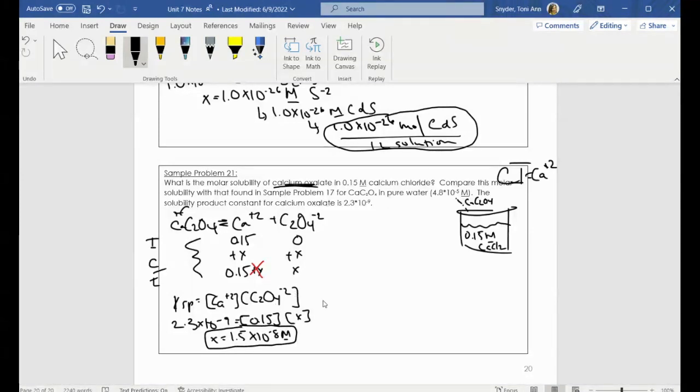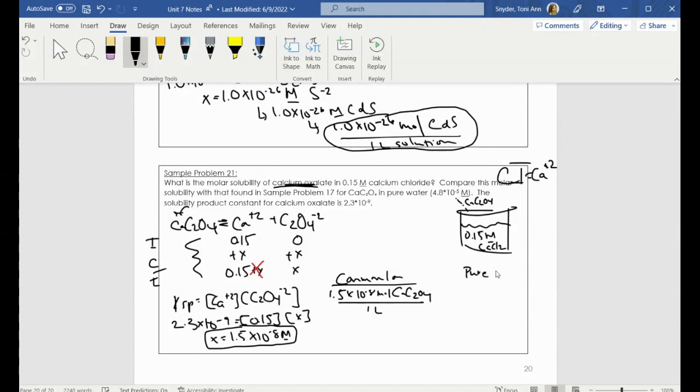Let's compare. With the common ion, I would have 1.5 times 10 to the negative 8th moles of calcium oxalate dissolve in 1 liter of solution.